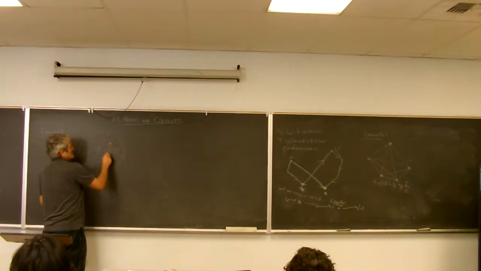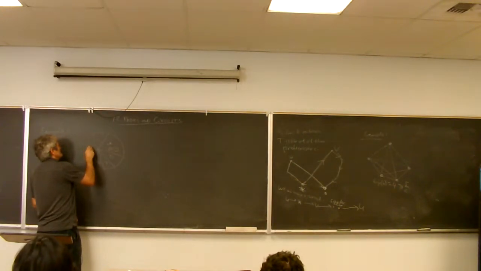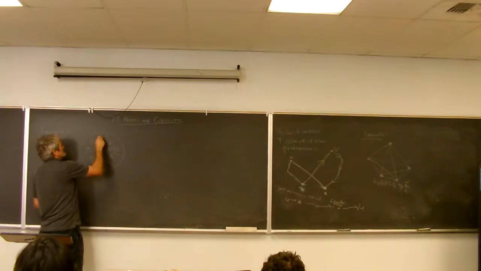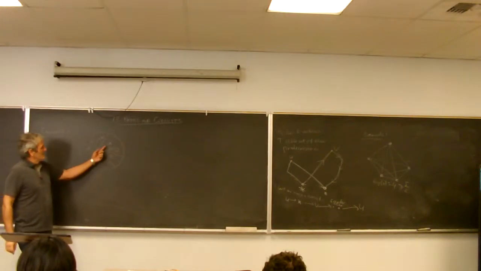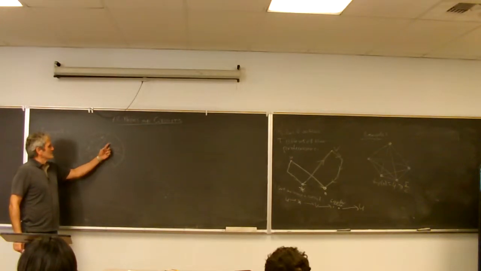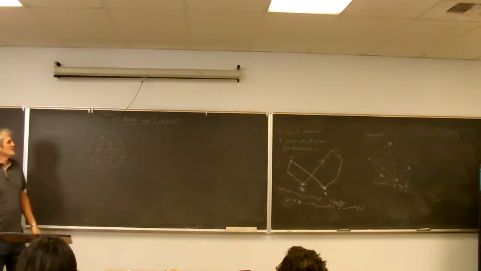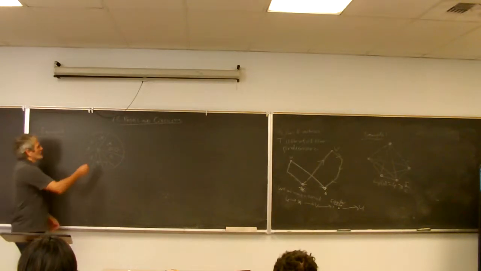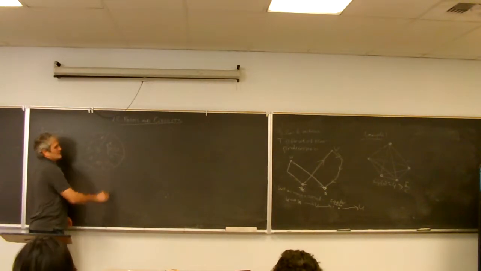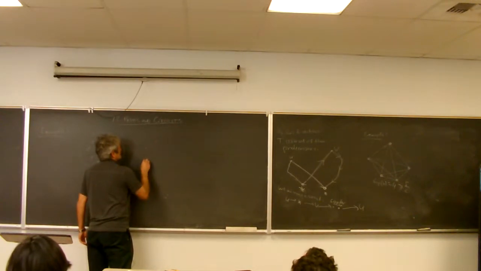If I call these A, B, C, D, E, F, G, H, then if they are neighboring sectors, I will connect them with an edge. So here, I'll make a graph.